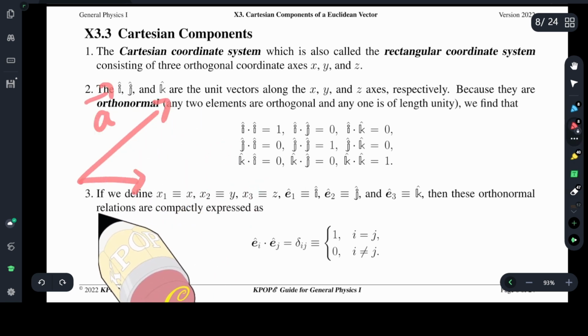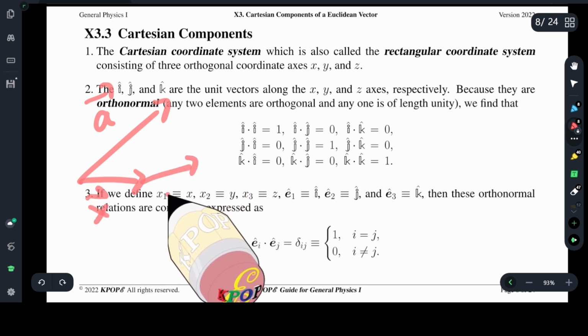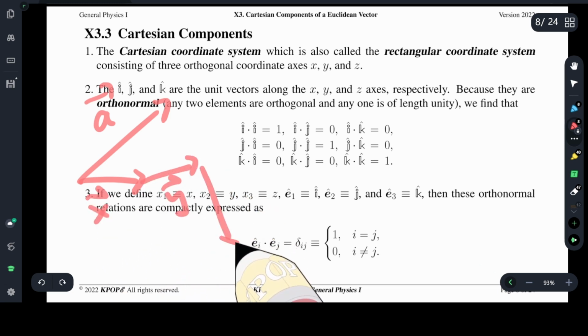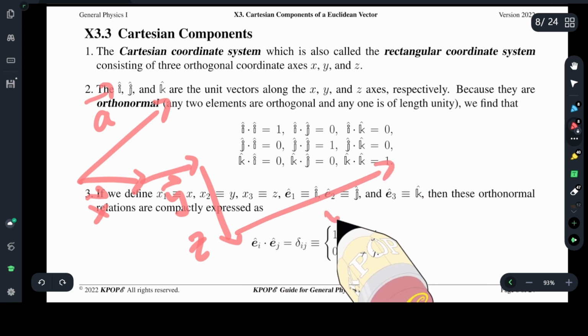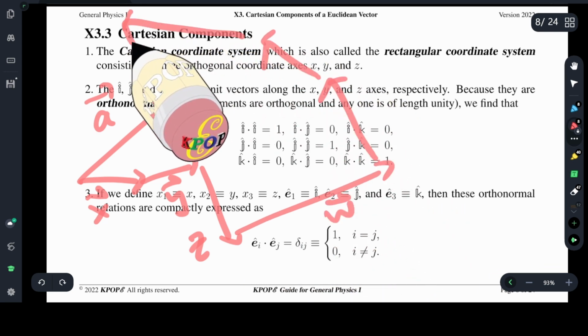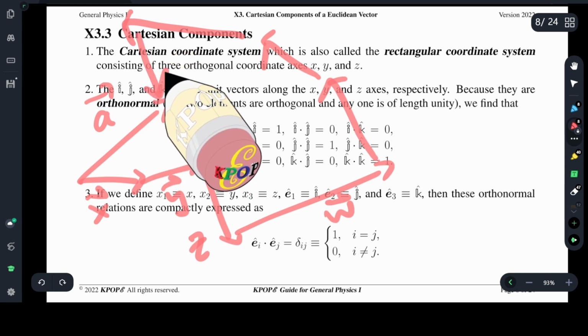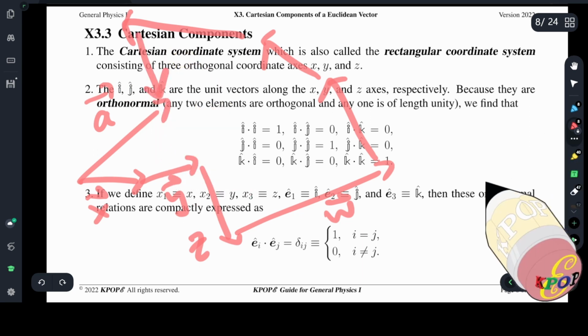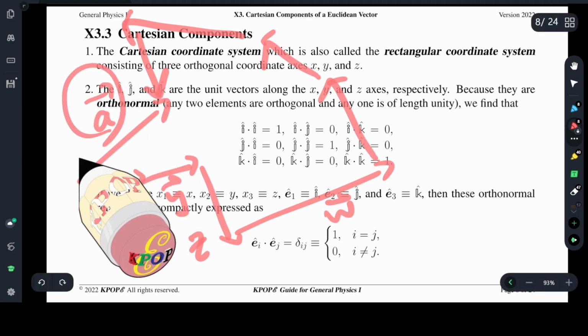I can add this for x, y, z, w, and so on. And at the end of the day, you reach the end point. So what's the best way to describe this vector A? It depends on the problem.